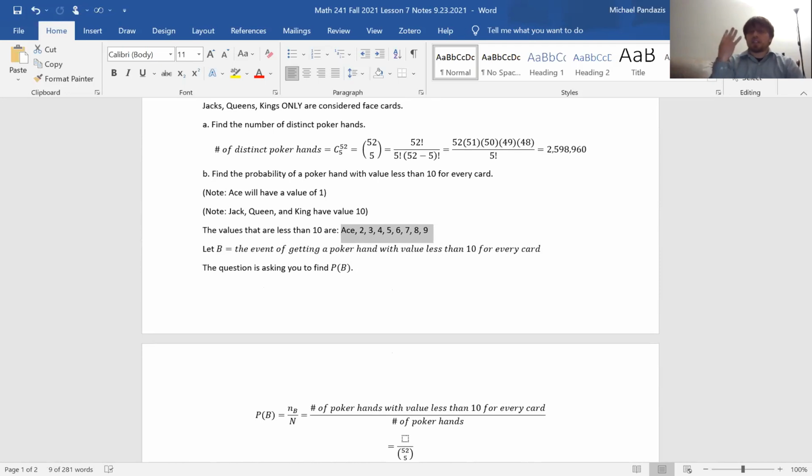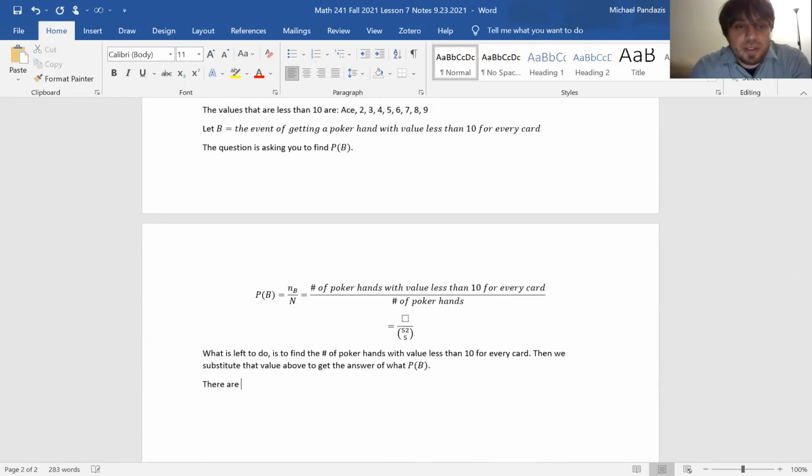And so 9 times 4, there are 36 cards whose value is less than 10. I remove all the other cards in the deck, and what's left on the table are the 36 cards whose values are ace through 9, and there are 4 of each of those 9 values.